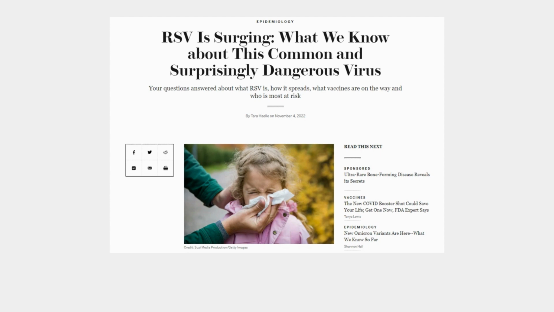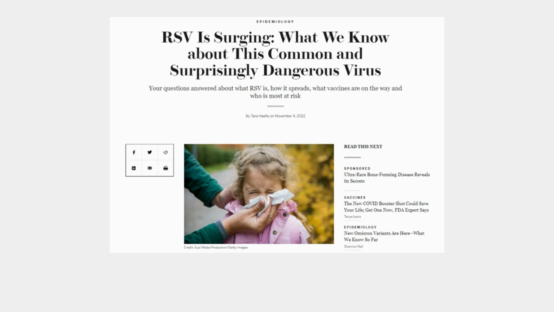And so during the pandemic, a lot fewer babies and children caught RSV, which is a good thing. But once things got back to quote unquote normal, those exposures started happening. And now there was this lack of herd immunity because there were so many children who had just never been exposed in their lives. So RSV just spread like wildfire.